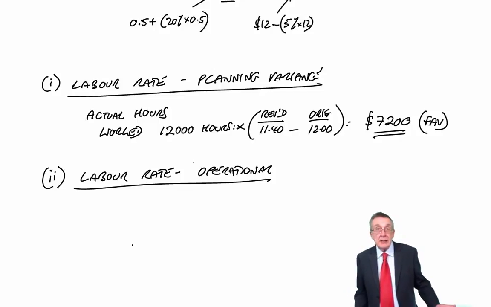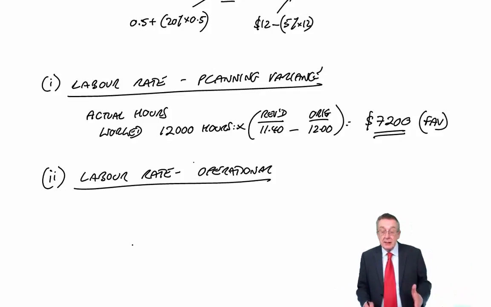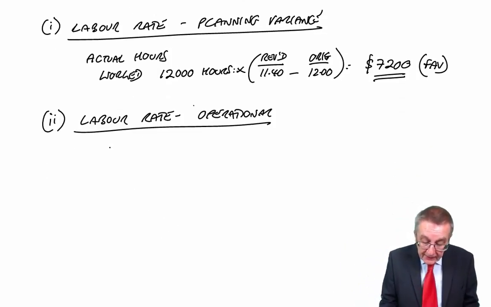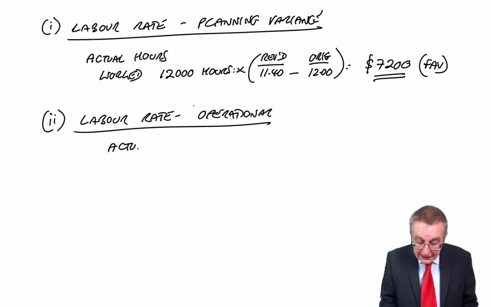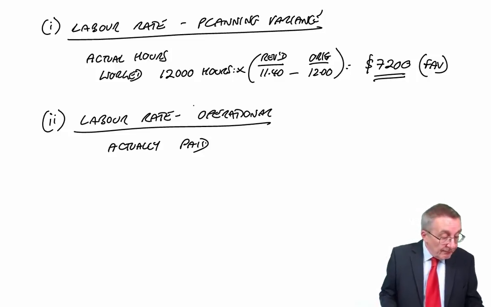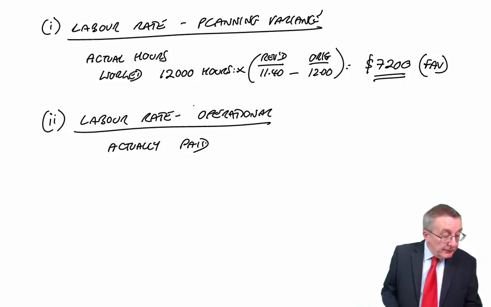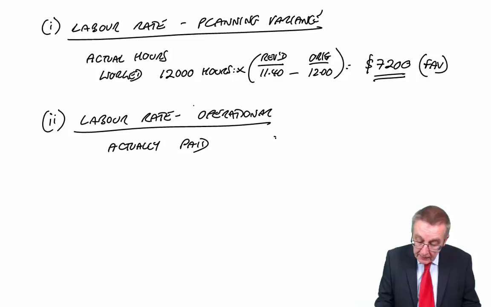If we paid less than $11.40, we've saved money in our operations. So let's compare what we actually paid, last line of the first paragraph. We actually paid $136,800.